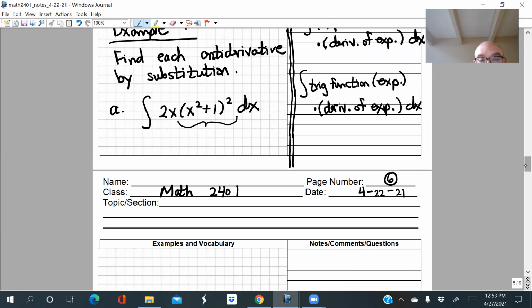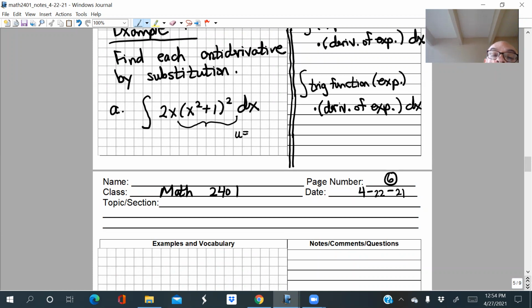So what I'm going to do now is simplify this integrand a little bit in the following way. The expression that was raised to the power is x squared plus 1.